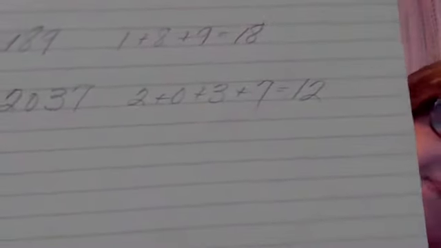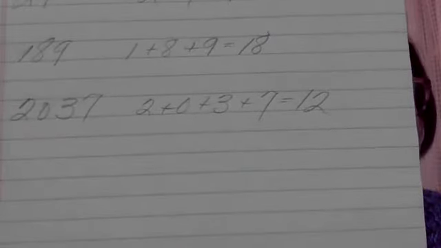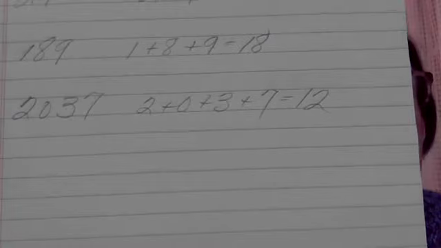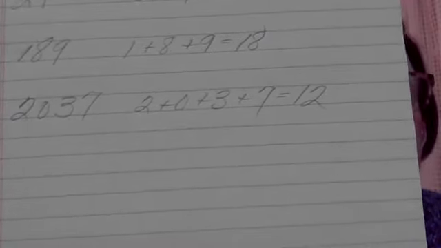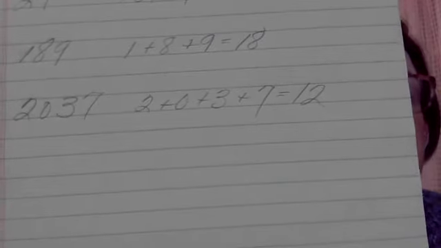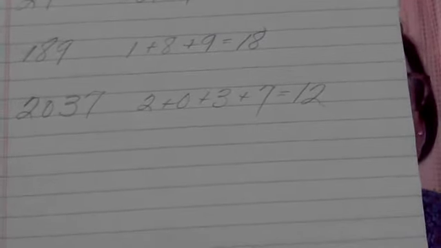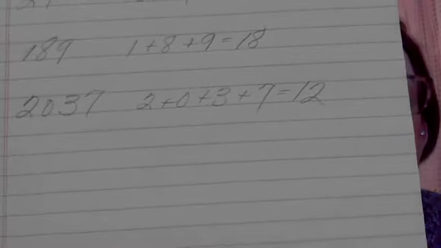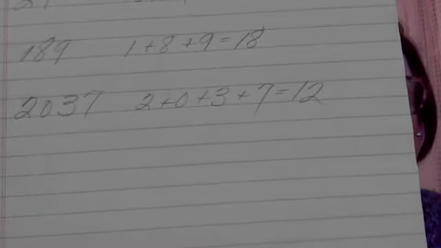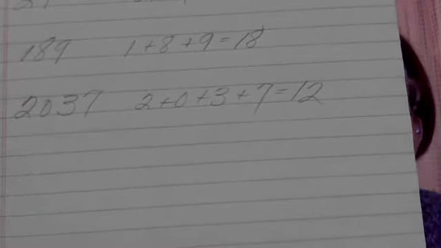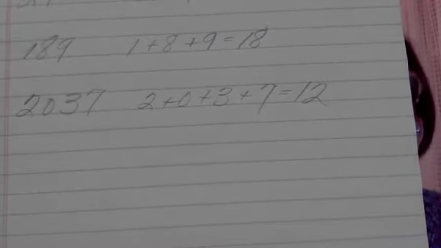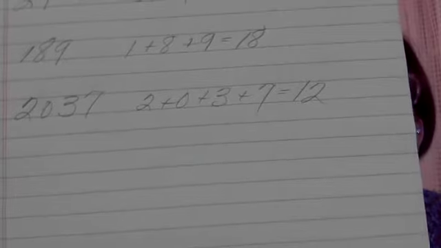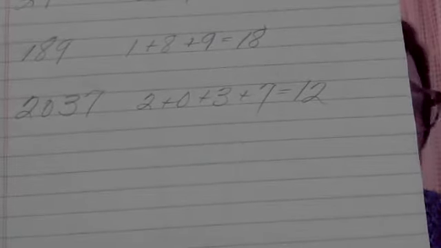It equals 12. And the test that you do, will 12 divide by 3? Yes. 3 times 4 is 12. So if 12 will divide by 3, then 2037 will also divide by 3. That's a good test to help you decide on these large numbers.